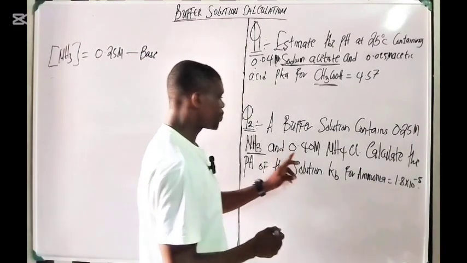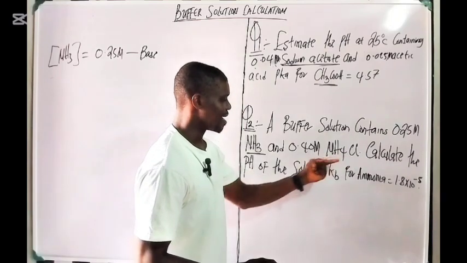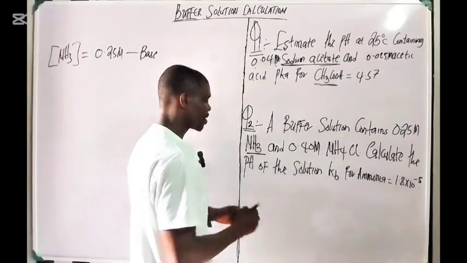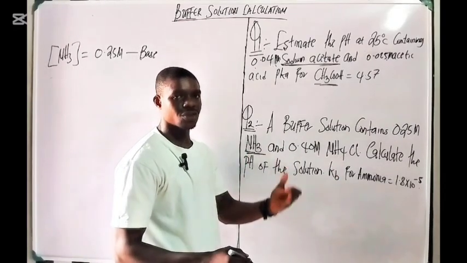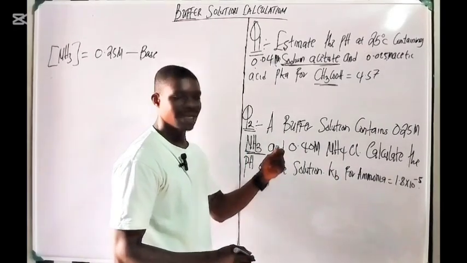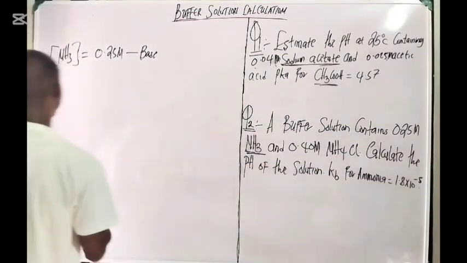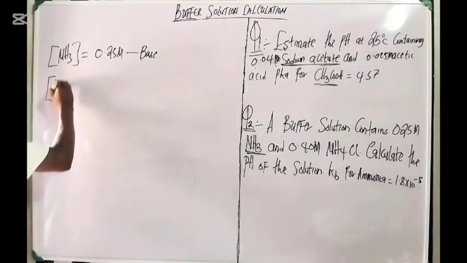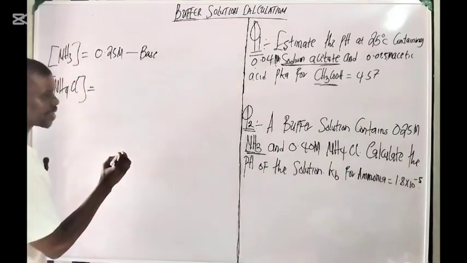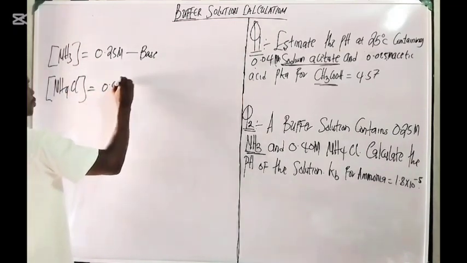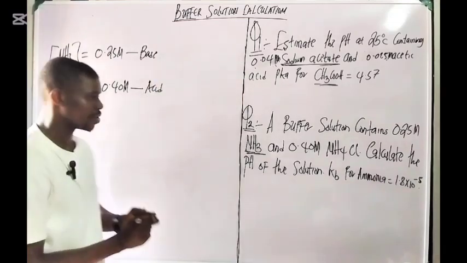Now, here we have 0.40 molarity NH4Cl. This one is the acid, because the conjugate salt is also the conjugate acid. So the concentration of NH4Cl is 0.40 molarity. Here we have the acid.